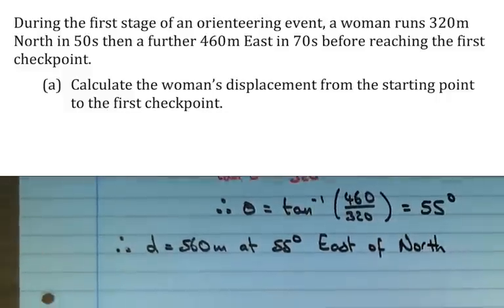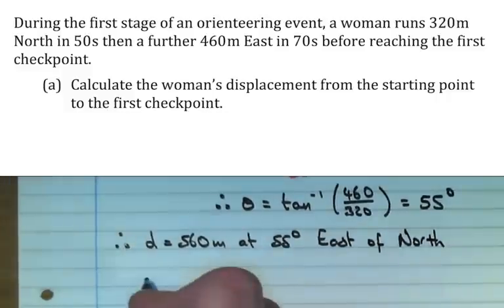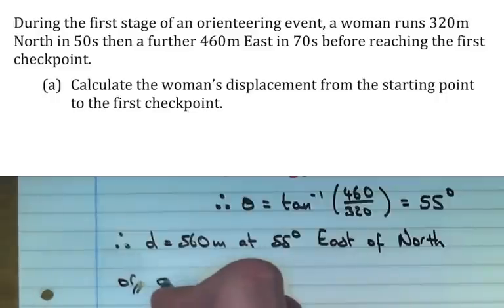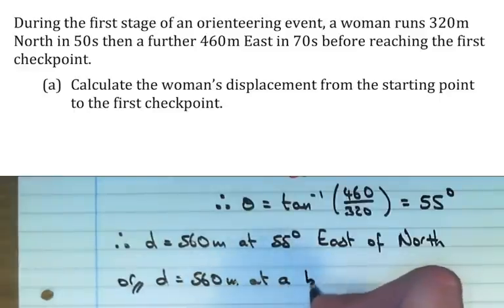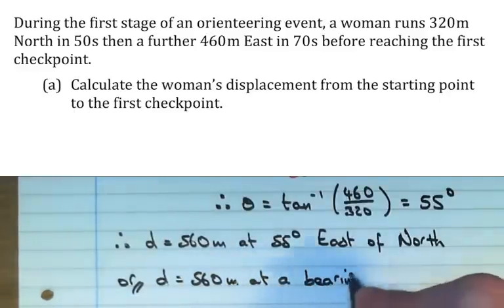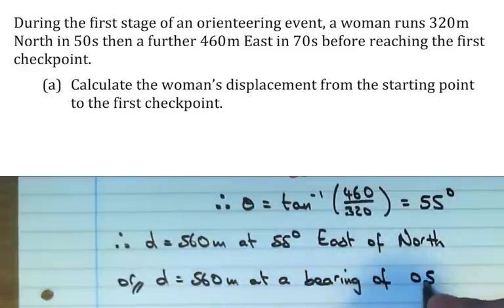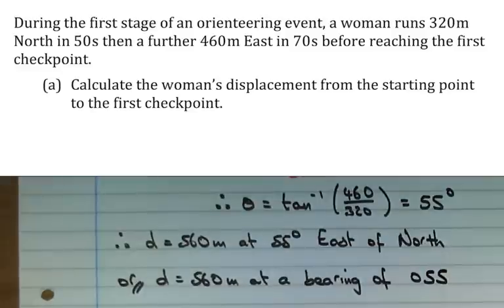Or, again, as a bearing, D is equal to 560 meters at a bearing of 055. And there we have it. Now that we've worked out these angles, we don't actually need to work them out again when we do the next part of the question.